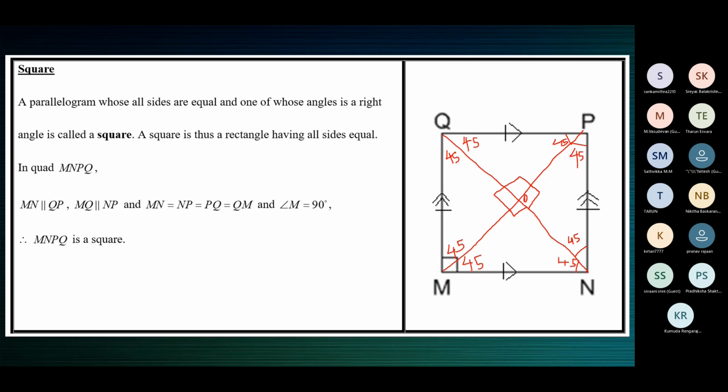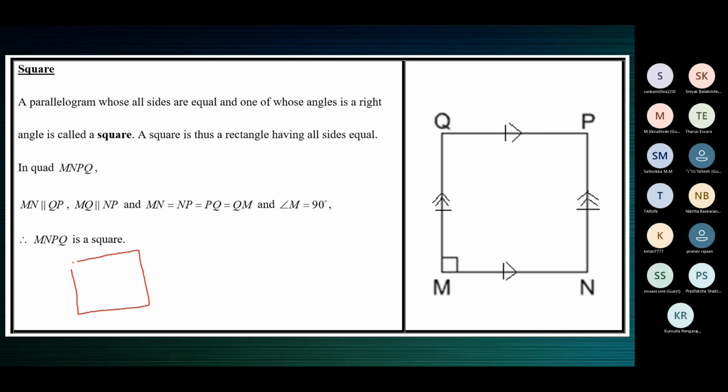Yes, ma'am. Now answer this question. Simple. Find x.